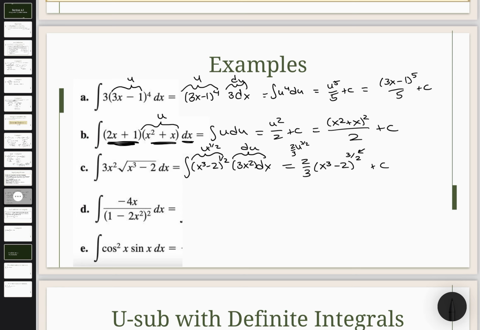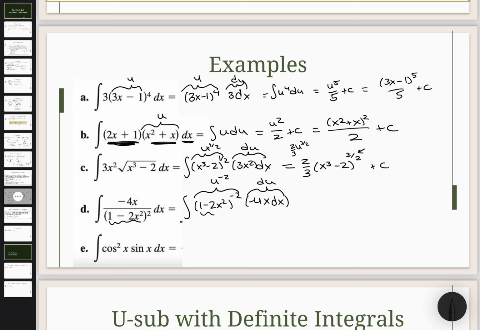All right, for this next one, what should we set our u equal to? Hopefully you said this inside function down here. So I'm going to rewrite this as 1 minus 2x squared to the negative 2, right, because it's in our denominator, times negative 4x dx. So this part I would rewrite as u to the negative 2. This part over here, that would be du, right?